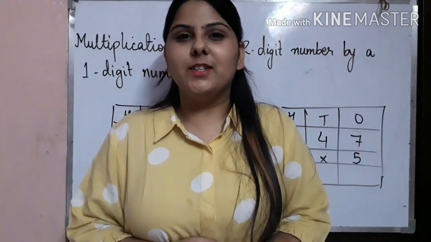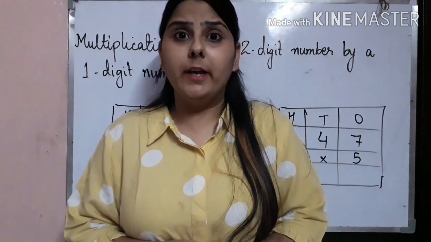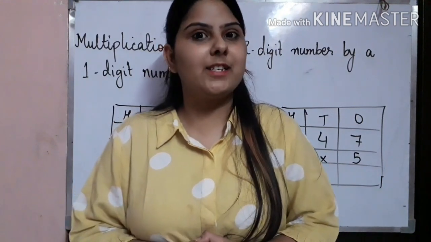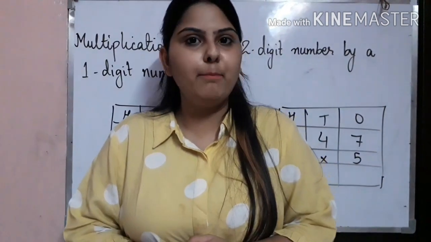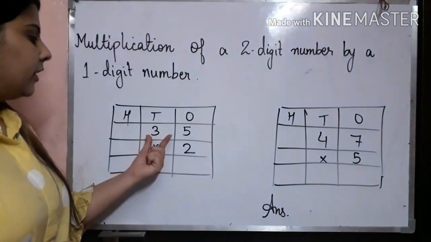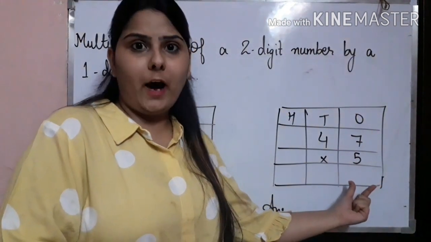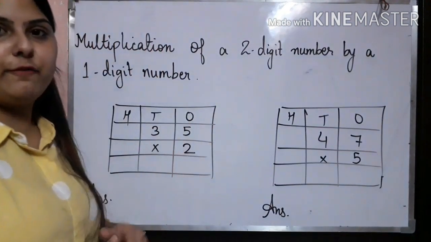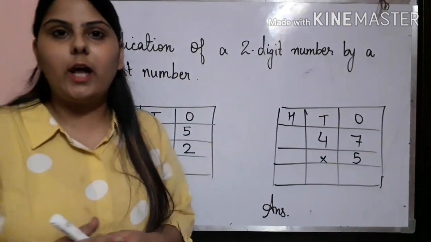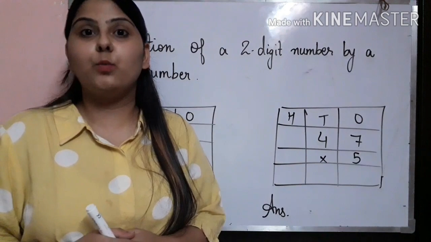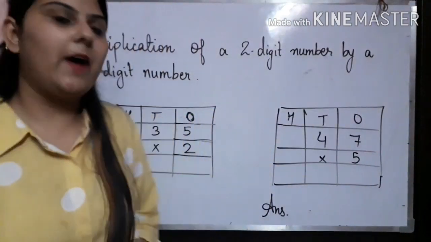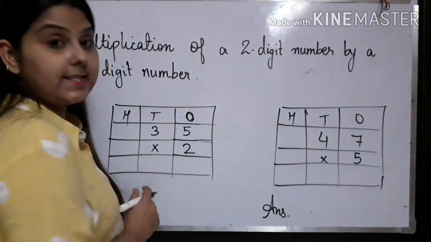Now let us learn multiplication with carryovers. Yes, so here I have taken 2 more examples, which are 35 multiplied by 2 and 47 multiplied by 5. So let us solve this one first. As you all know, you always need to start with ones place. So first find out 2 into 5, that is 10.